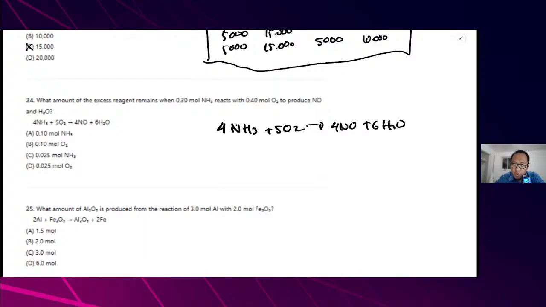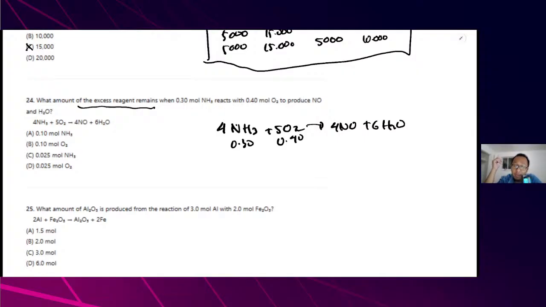What amount of excess reagent remains when we have 0.30 over here reacting with 0.40? We need to get the mole ratio first.